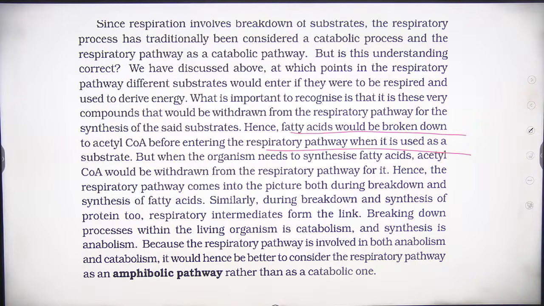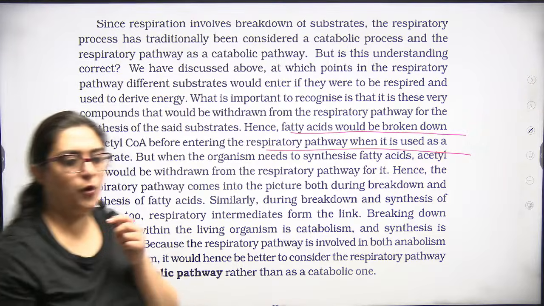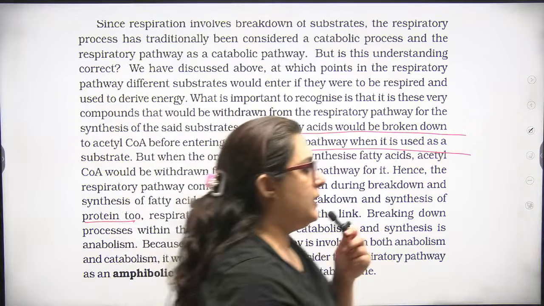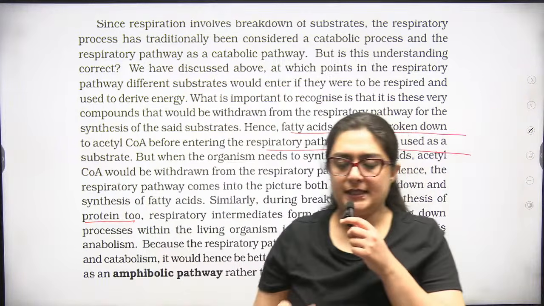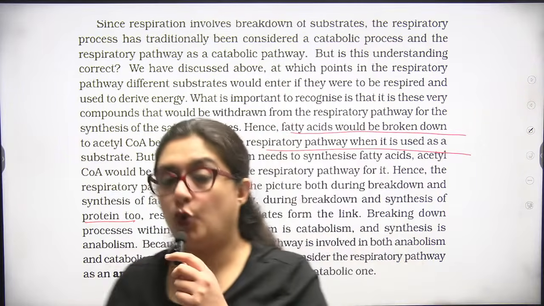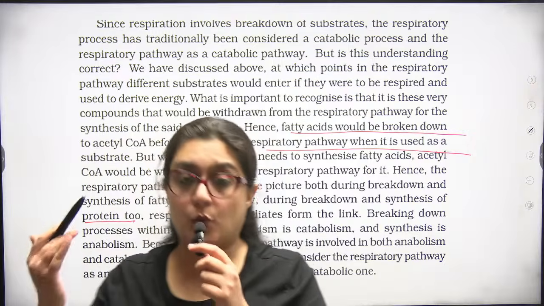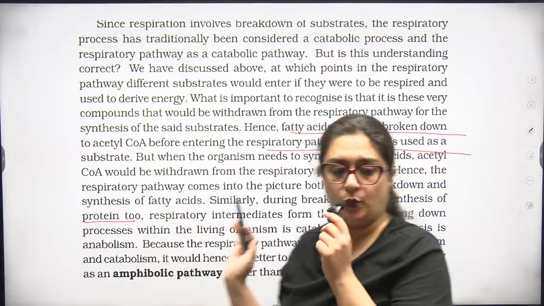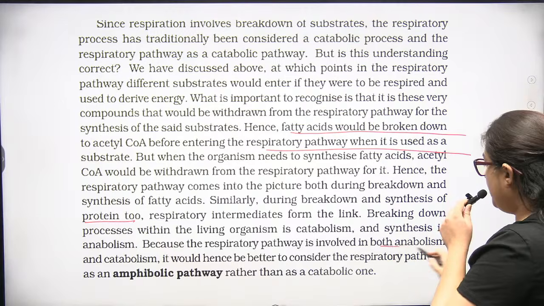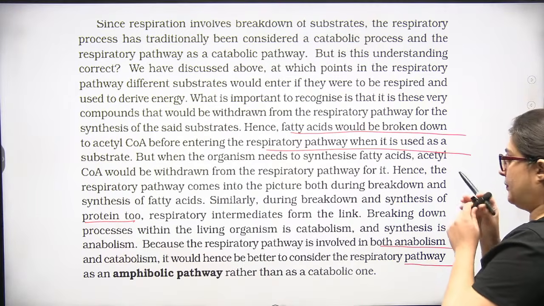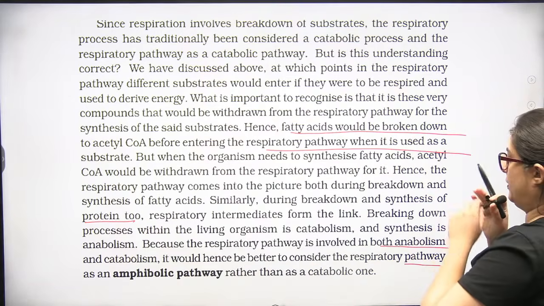Similarly, during breakdown and synthesis of proteins, respiratory intermediates form the link. Means along with glucose, as the animal body can also do lipid and protein breakdown, the plants do the same. Because the respiratory pathway is involved in both anabolism and catabolism, the pathway is called amphibolic.